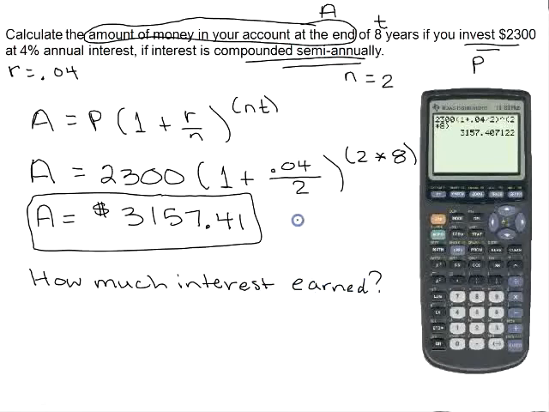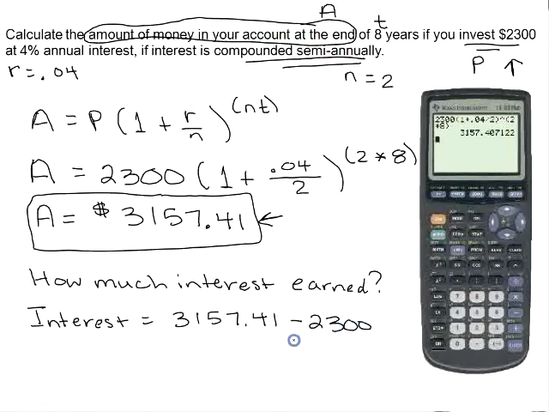Well, to figure out how much interest was earned, we know the amount at the end of the investment, and we know the amount that we originally invested. The difference of these will be the interest earned. Interest is the amount at the end of the investment, $3,157.41, minus the original investment, $2,300.